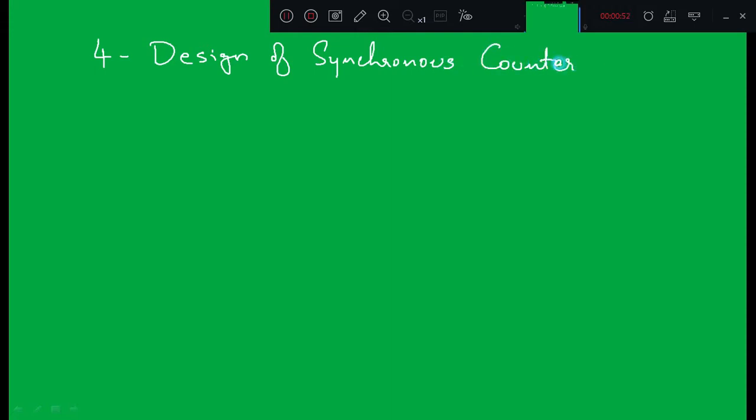So in today's class we are starting with the fourth module, that is design of synchronous counters, right? In the third module we have also seen the ready-made circuits of certain counters.